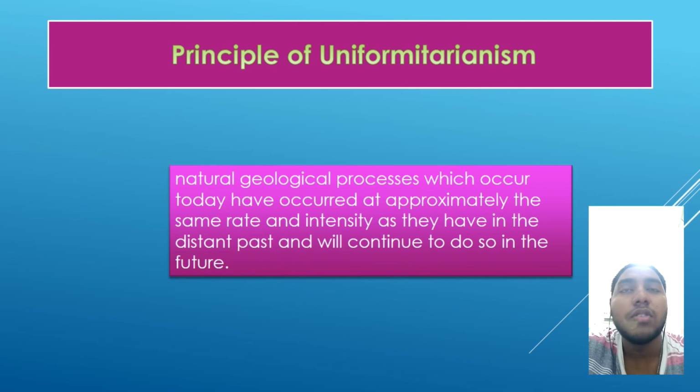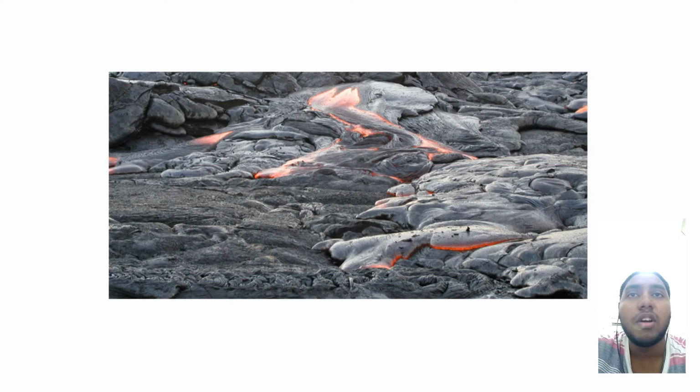What they're trying to say here is that the natural geological processes happening today also happened in the past and will happen in the future. The same process will continue over and over.